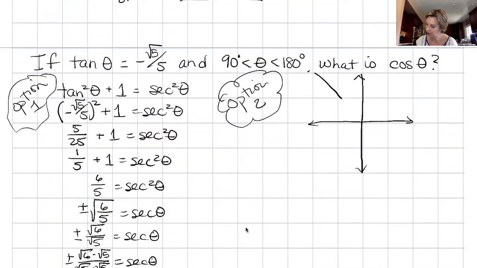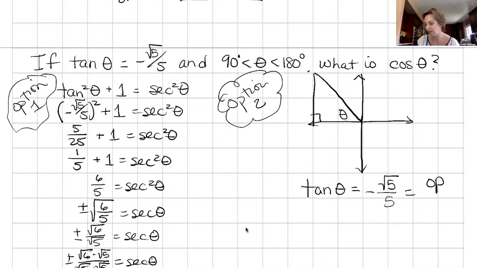So I'm just going to draw myself a right triangle in quadrant 2. And they've given me that the tangent is equal to negative square root of 5 over 5. And tangent is opposite over adjacent. So the opposite side of that angle is the square root of 5. And the adjacent side is a 5.